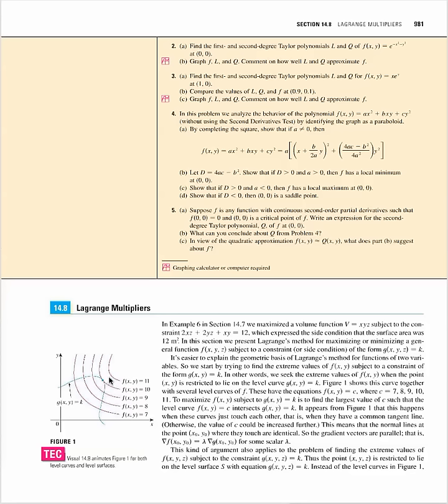They're going to be multiples of each other. And it says this at the bottom of this paragraph here. At the point where f is maximized along g, the normal lines, the gradient vectors, are parallel. So the gradient of f is some multiple lambda of the gradient of g at that point.